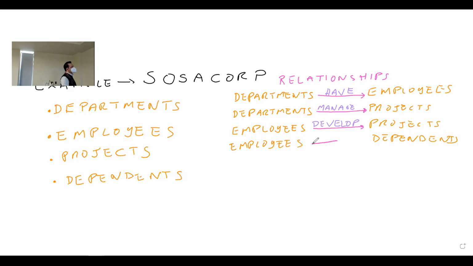When in doubt, we can use the employees have dependents. It's fine as long as it helps us understand the relationship. This isn't really brain surgery. We just need something that describes it there. Okay.